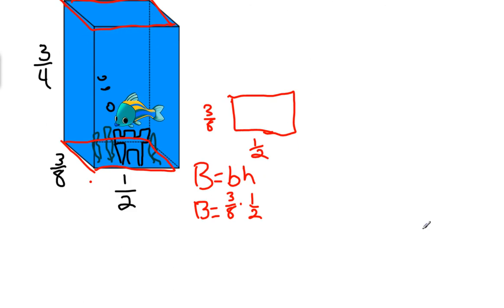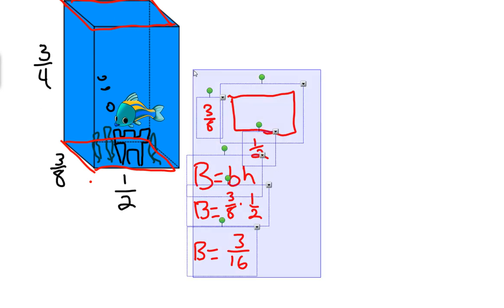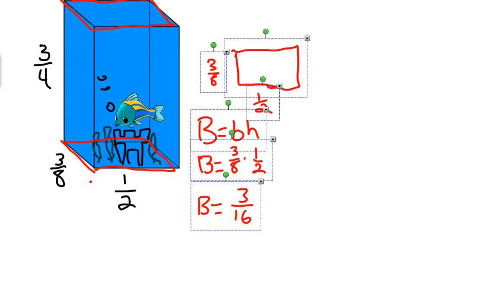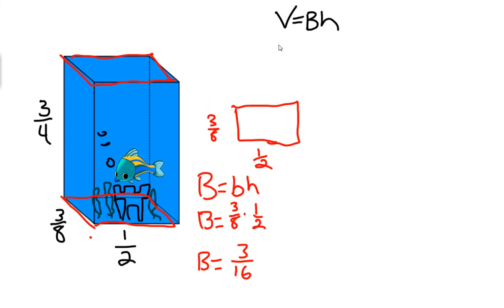To remember how to multiply fractions, we just go straight across. So 3 times 1 is 3, and 8 times 2 is 16. So the area of our base is going to be 3/16. We're going to take this value of big B and bring it back up into our formula for volume.